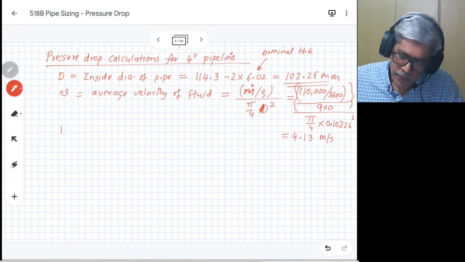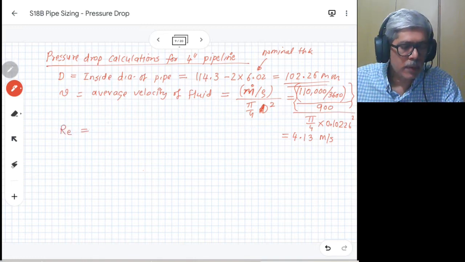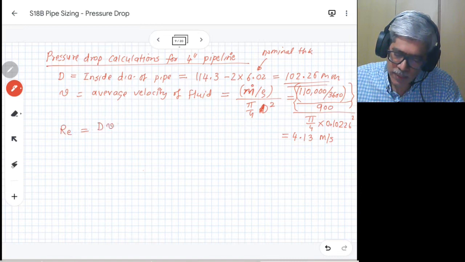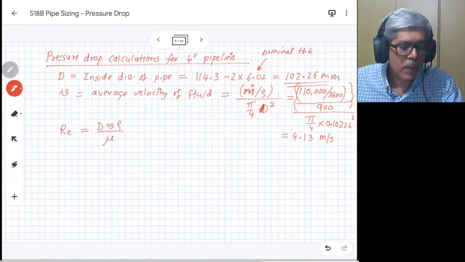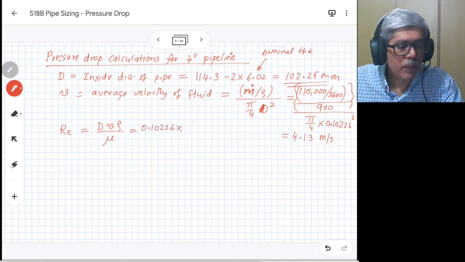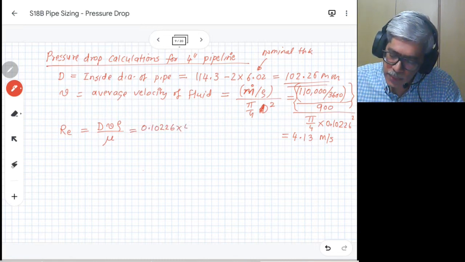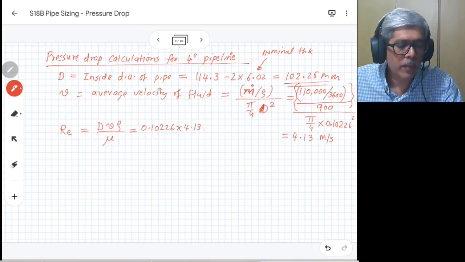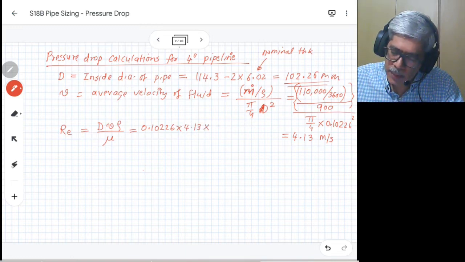So next we'll calculate the Reynolds number, which is dV rho divided by mu. So here the diameter we already calculated as 0.10226. Velocity we have calculated as 4.13 meter per second, and the density is given as 900 kg per meter cube.